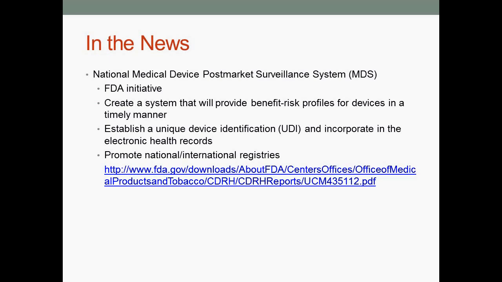What it would entail is establishing a unique device identification, what they're calling the UDI, meaning that all devices would be assigned this identification number, and then these devices can be tracked. They also want to incorporate it into your electronic health record so that they can continue to get data through that. They want to eventually use it for national and international registries.